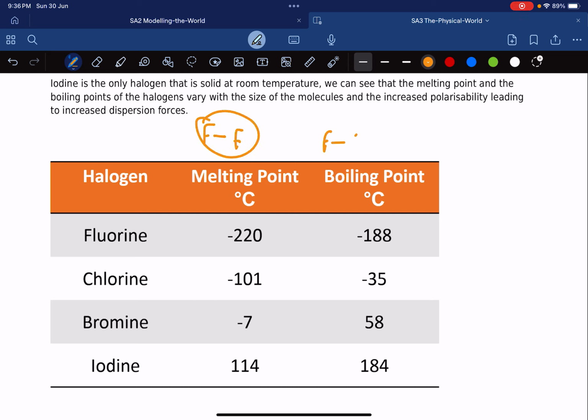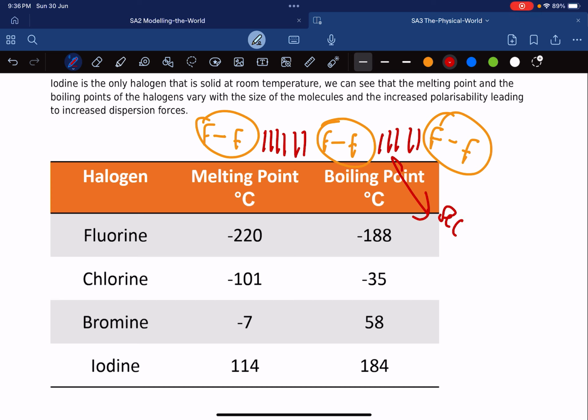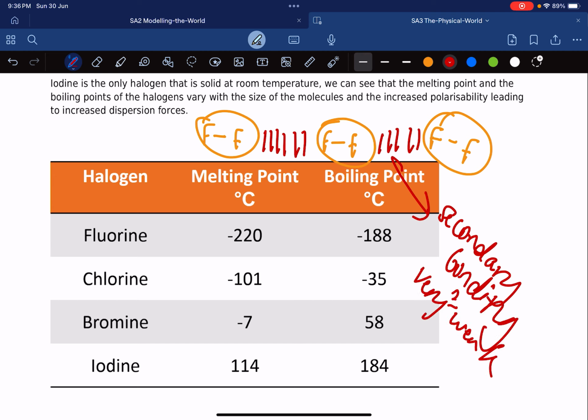And then there's another fluorine, another molecule. Then another fluorine and another molecule. The attraction that exists between each of these molecules is what we call secondary bonding. This secondary bonding is very, very weak, okay?